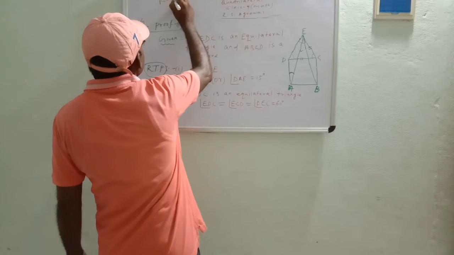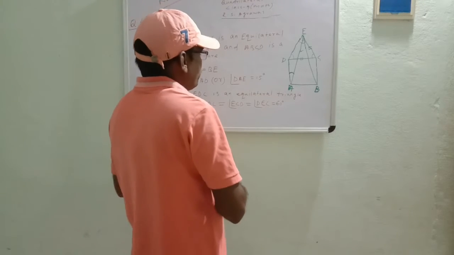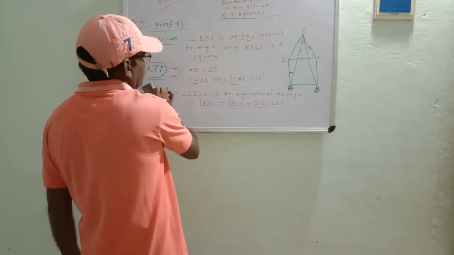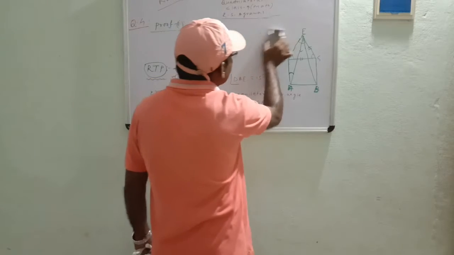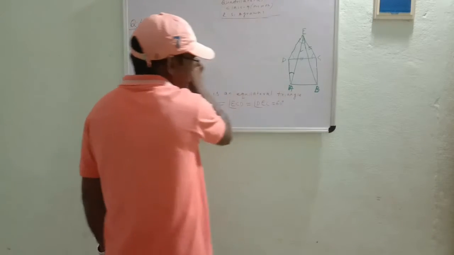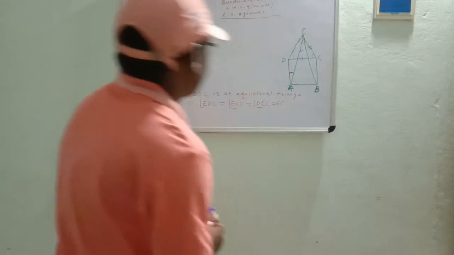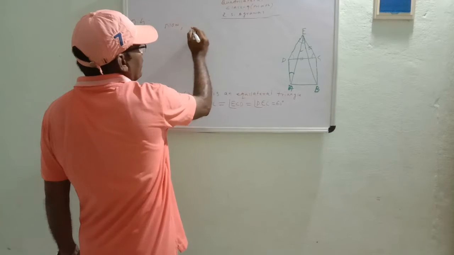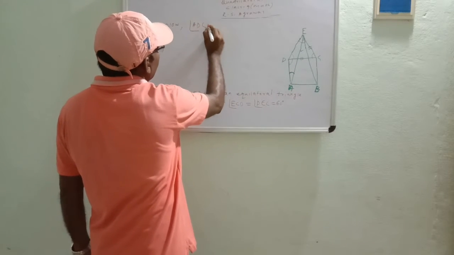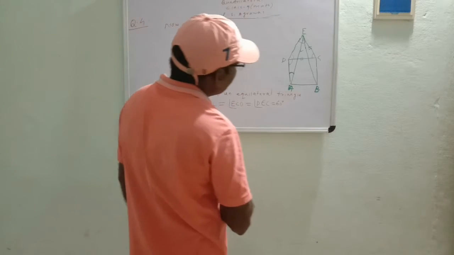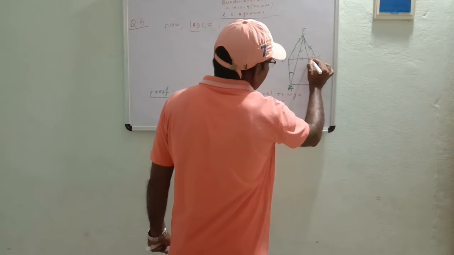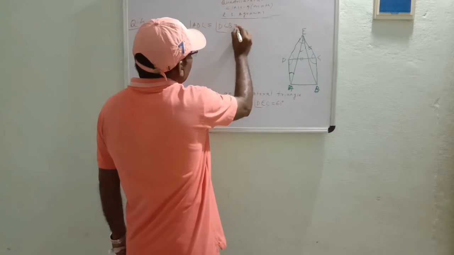First note it. Now angle ADC, this angle, equals angle DCB, this angle, equals 90 degrees.